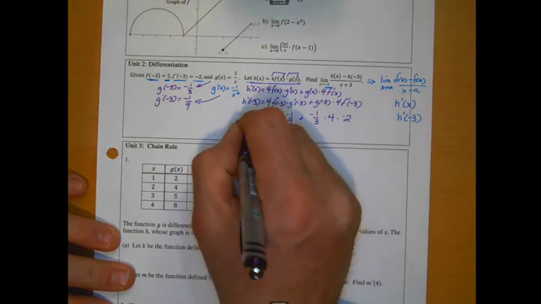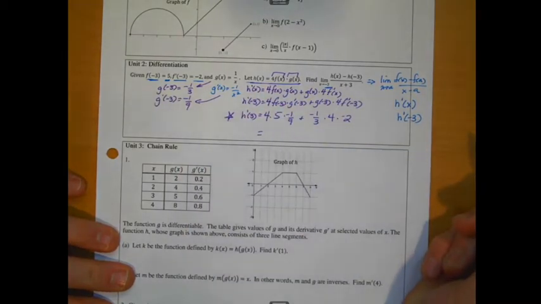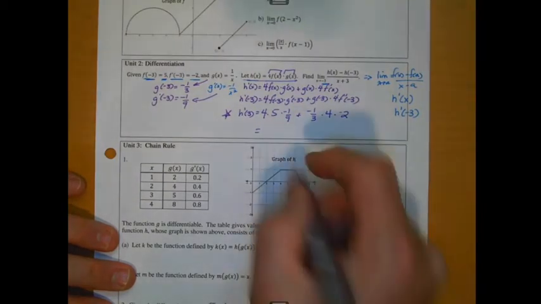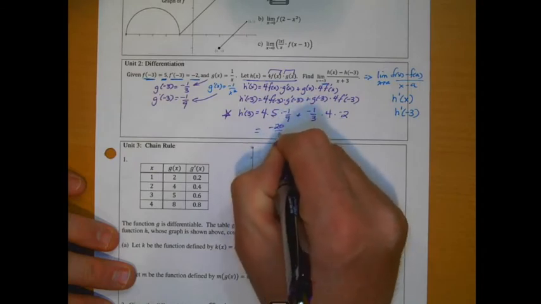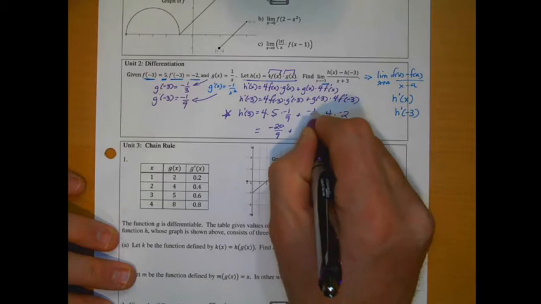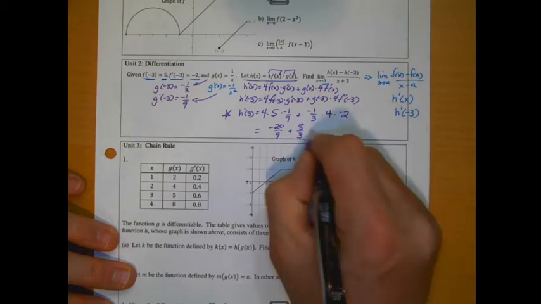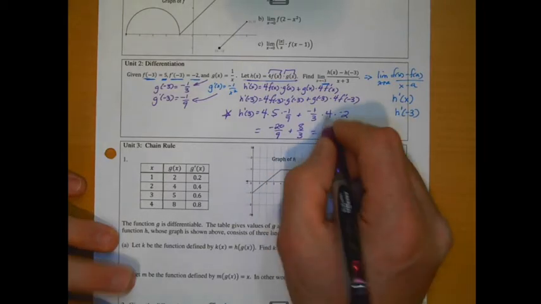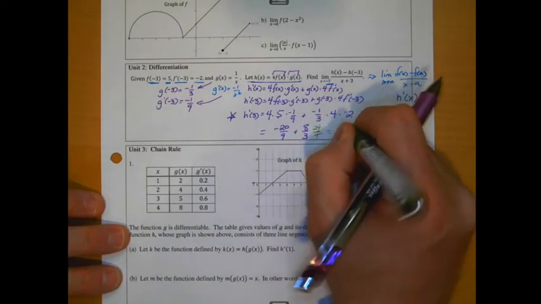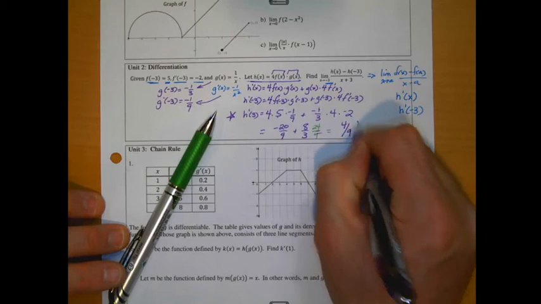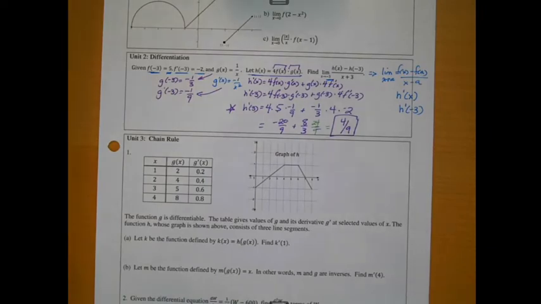What they say is that this is a totally acceptable answer because it's all numeric, but people like to clean it up a little bit, so we're going to do that. 4 times 5 is 20, times that is -20 over 9, plus 1/3 times 4 times -2. This is negative, so this is 8/3, and we have to change that, so that would be 24/9, which gives me a grand total of 4/9. So that is that differentiation for there.